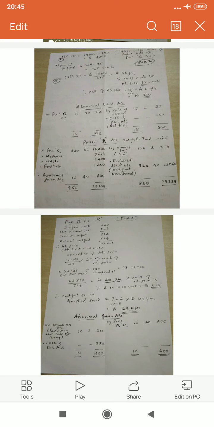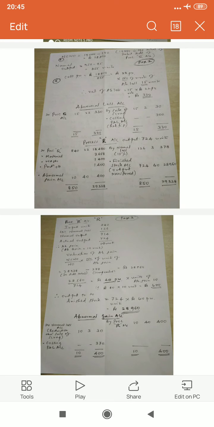But you go through the problem. How much is the actual output? Actual output is 724 units. In fact, the actual output should have been 714 units, but in reality, actual output realized is 724 units. What does the difference imply? The difference represents abnormal gain of 10 units.